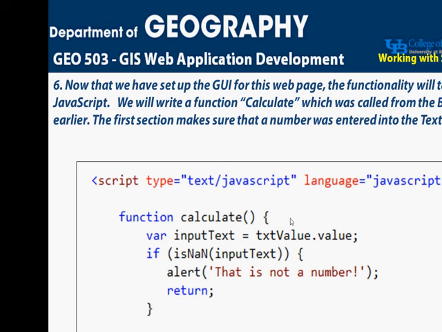If is also lowercase. Then we can issue an alert box warning the user that's not a number, and then the keyword return, which will exit the program. Return exits the program. If we want to convert between units and the person doesn't type a number, we cannot go any further. The rest of the code's not going to work. So return bails out.